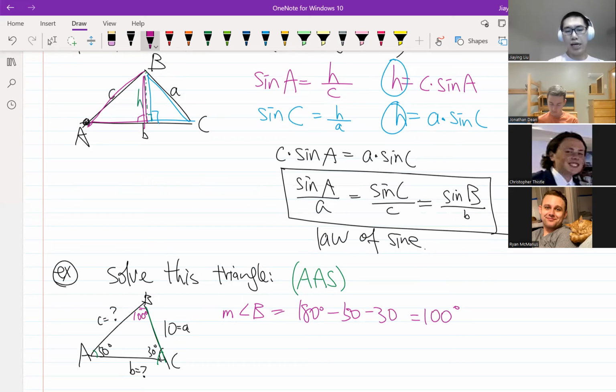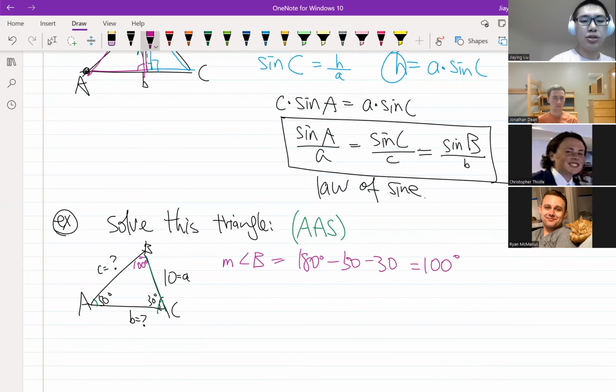Good. So we got all the angles, but how do we find the missing side b, right? Well, in order to find the missing side b, we're going to need to use the angle B. And we have a side a, we have angle A. So what we're going to do is use the ratio, the proportion. So we're going to write sine A over a equals sine B over side b.